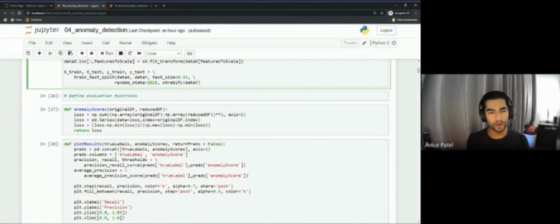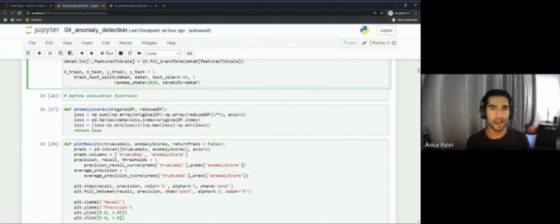And then we'll also define two functions. Anomaly Score takes the data once it's been mapped to a lower dimensional space and identifies which of the data points have the highest reconstruction error when you compare the reconstructed data point versus the original data point.